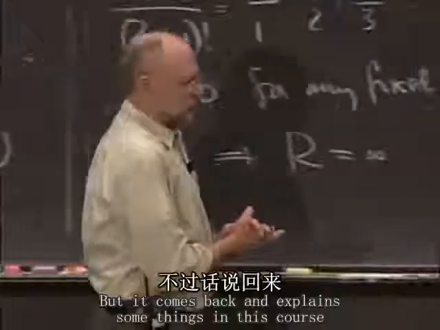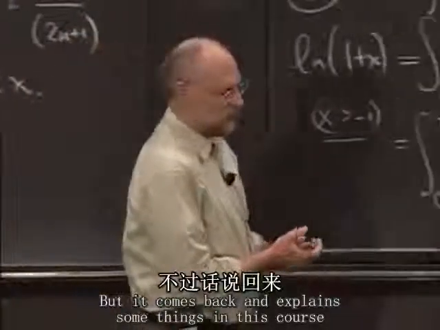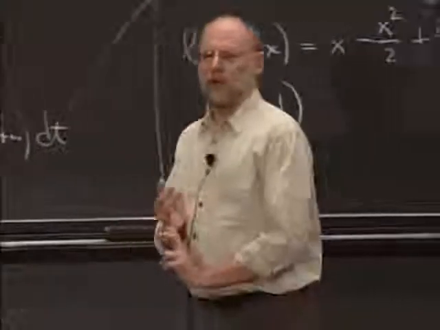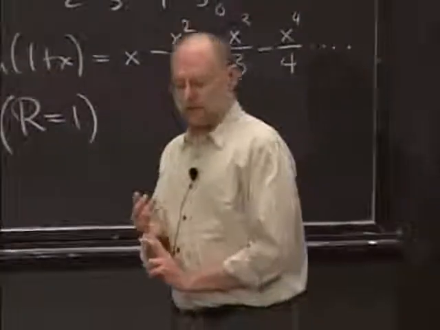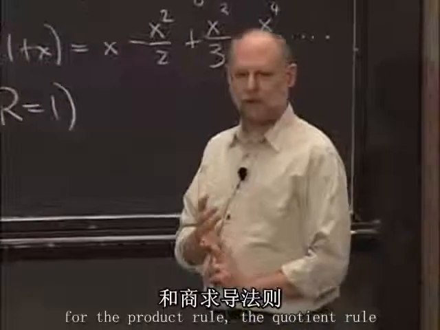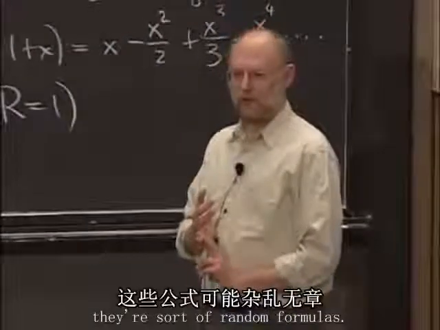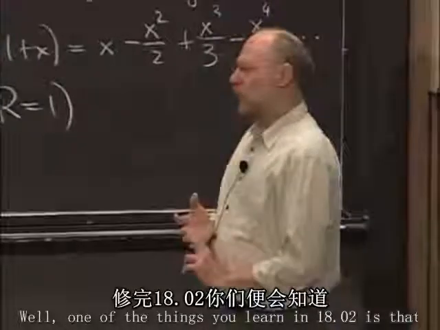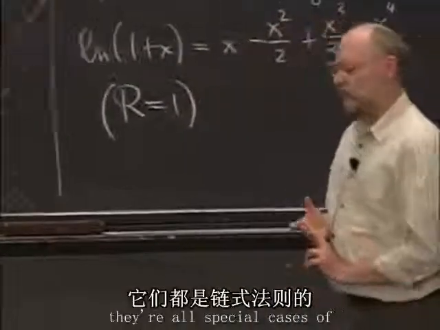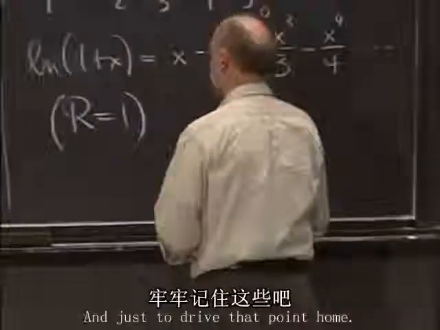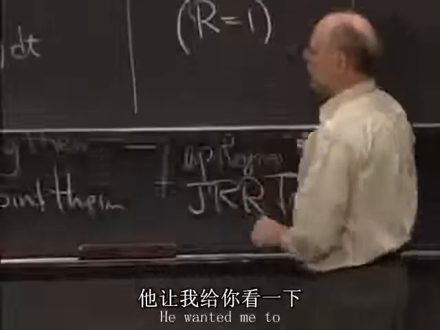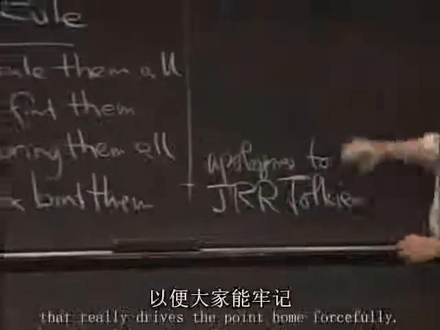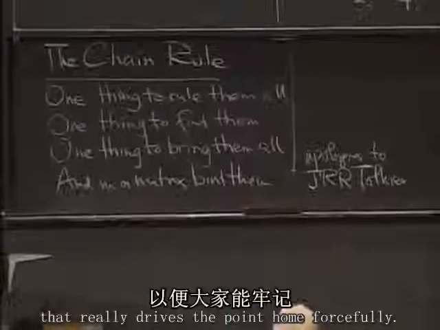But it comes back and explains some things in this course that might have been a little bit strange, like these strange formulas for the product rule and the quotient rule, and they sort of random formulas. Well, one of the things you learn in 1802 is that they're all special cases of the chain rule. And just to drive that point home, he wanted me to show you this poem of his that really drives the point home forcefully, I think.